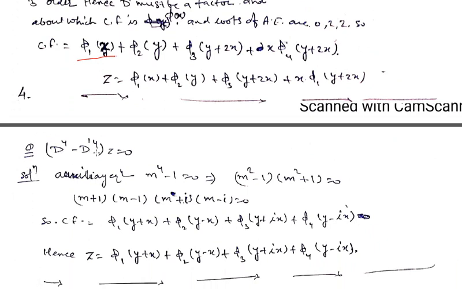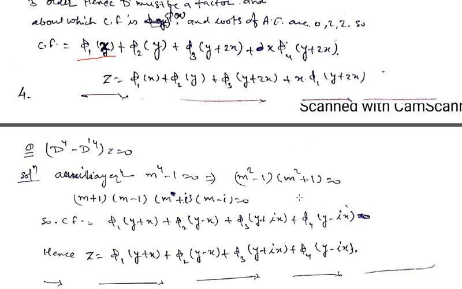(D⁴ − D'⁴)z = 0. Here the auxiliary equation is m⁴ − 1 = 0, or we can write it as (m² − 1)(m² + 1). When we further factorize it, we get (m + 1)(m − 1) from the first factor, and from the second factor m² + 1 we get (m + i)(m − i).